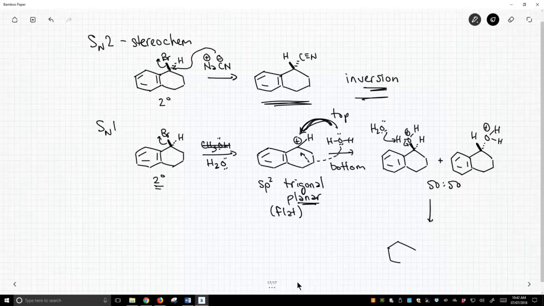And it's going to form a 50-50 mixture of these two products. Now, these are substitution products. We've replaced the bromide with an OH. And if we went through and did our R and S stereochemical assignments, we would find that one of these is R and one of these is S. So when you get 50-50 mixtures like this, it has a term called racemic.